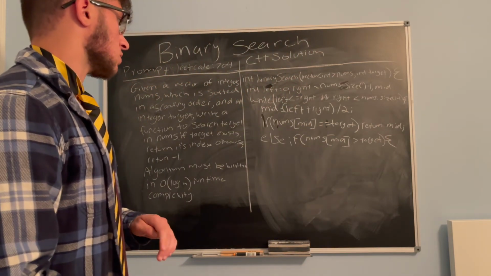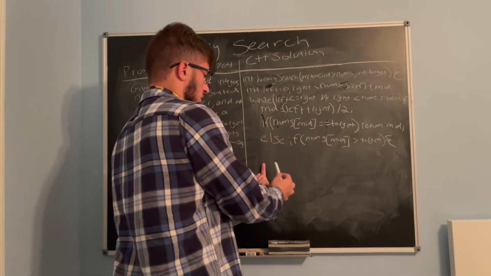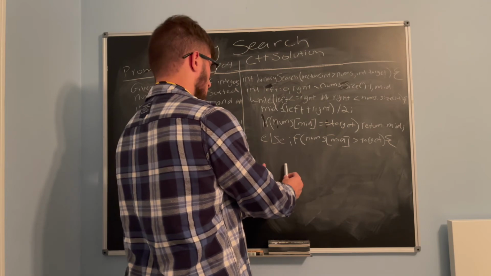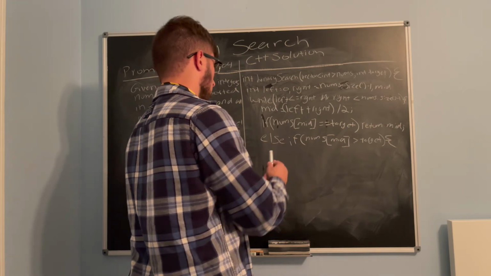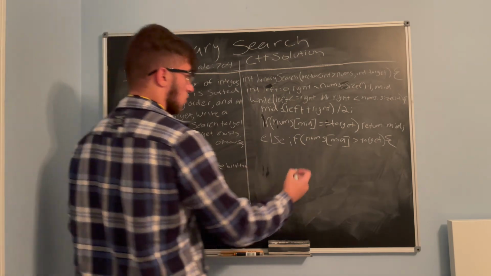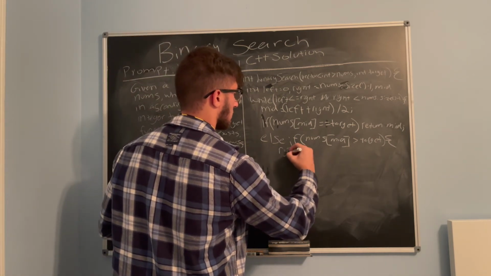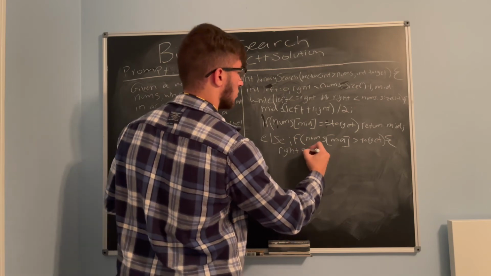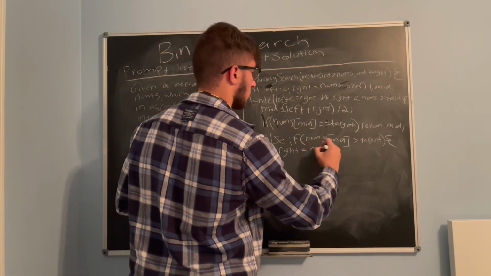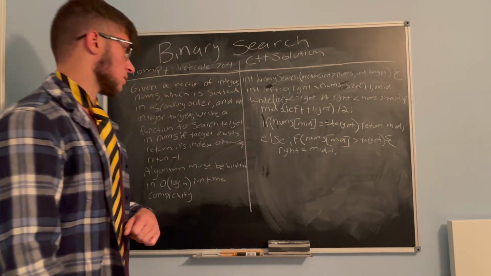If it's greater than the target, which means our mid pointer's here and our target would be on this side, we want to take the right pointer and put it to mid -1. So our right pointer will equal the mid pointer -1, just like that.